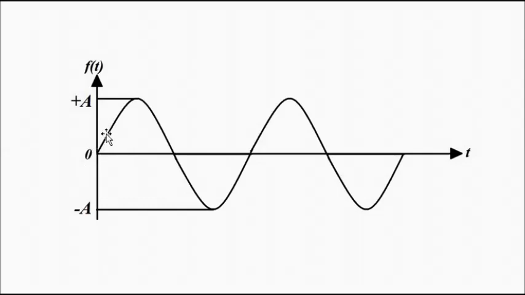And each of these points on the signal represents a different amplitude value. All these points on the signal, as the signal travels, represent different amplitude values. But this is the peak amplitude, the maximum value. The magnitude stays the same, the sign is different for a sinusoidal signal.